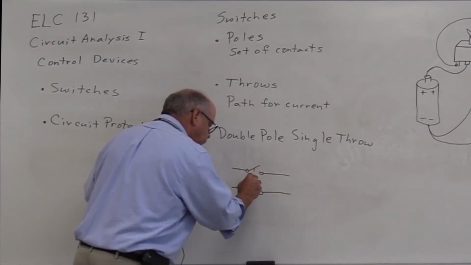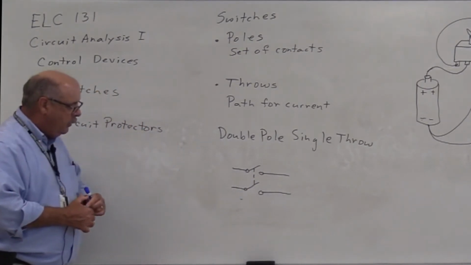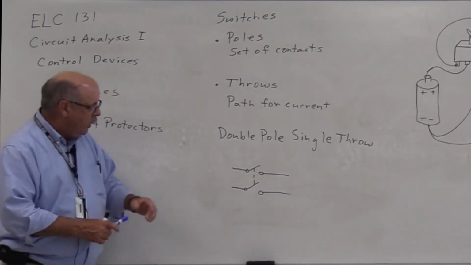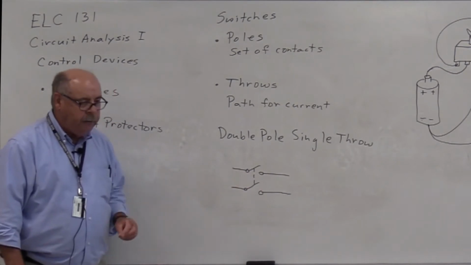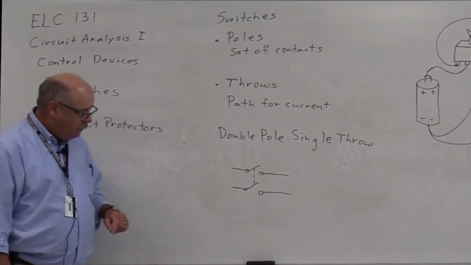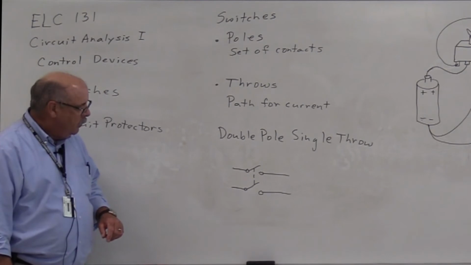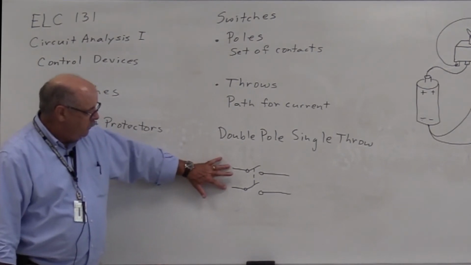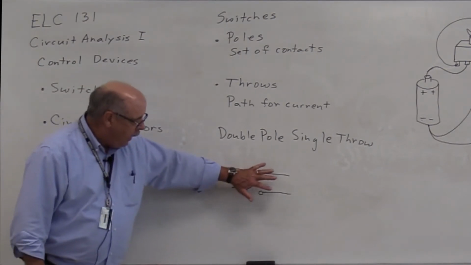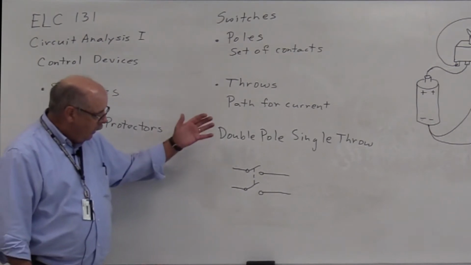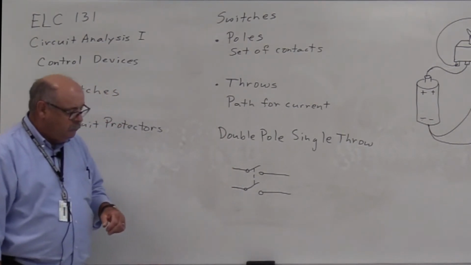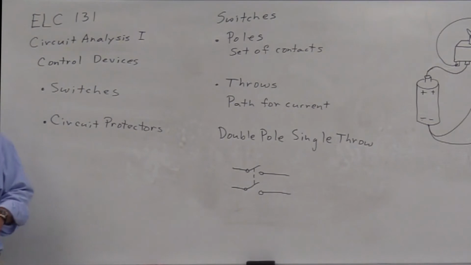And we show this schematically with a dashed line showing that these 2 contacts are controlled with the same physical point. So I can open the path to 2 loads, or I can close the path to 2 loads simultaneously.